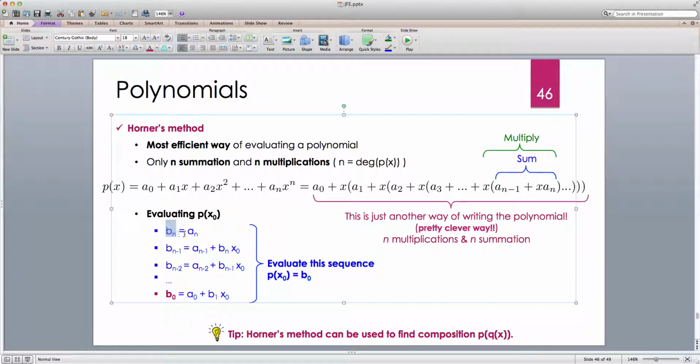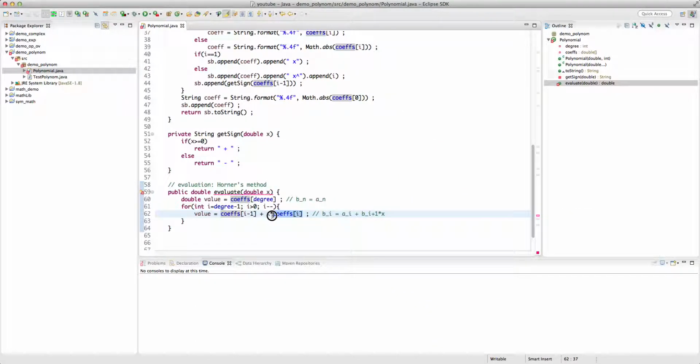So we start with the value of an, okay, and then at each step what we do is that we take our value multiplied by x0, the point that we are evaluating, at the next coefficient. Okay, so we should have basically value here, and this works, and then return value.